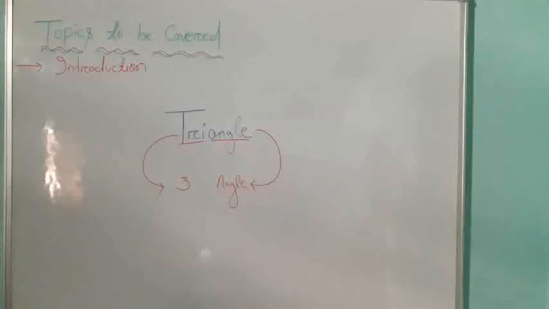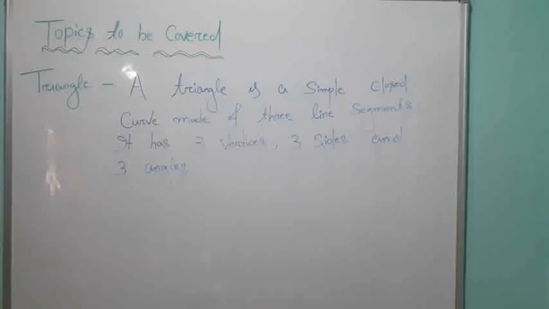Okay, now come to the definition. Definition of triangle is: a triangle is a simple closed curve made of three line segments. It has three vertices, three sides and three angles.